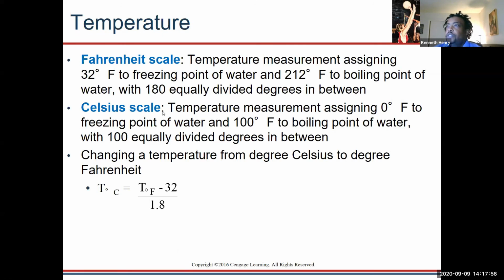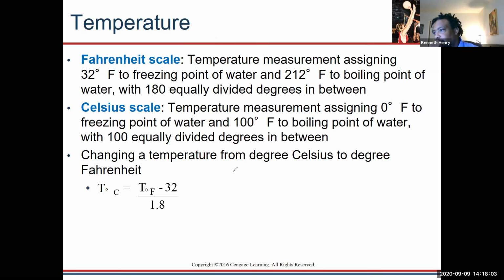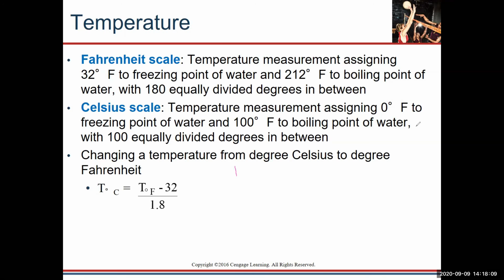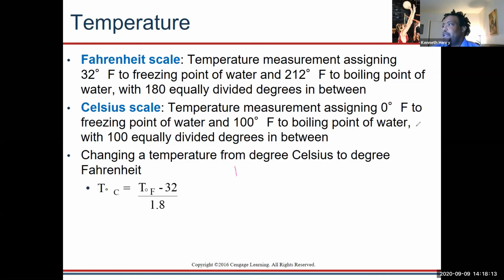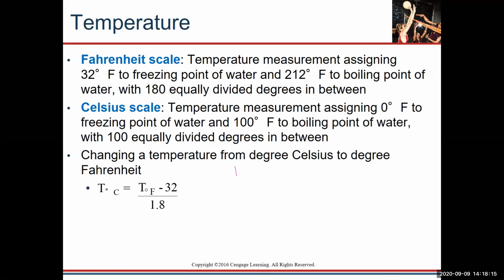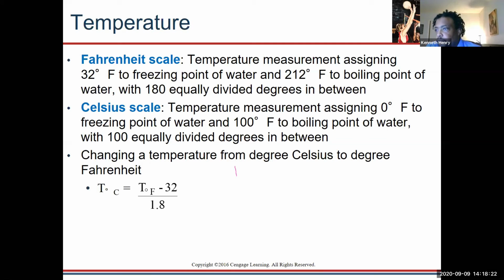So let's say, what is the temperature in Salinas right now? 63.